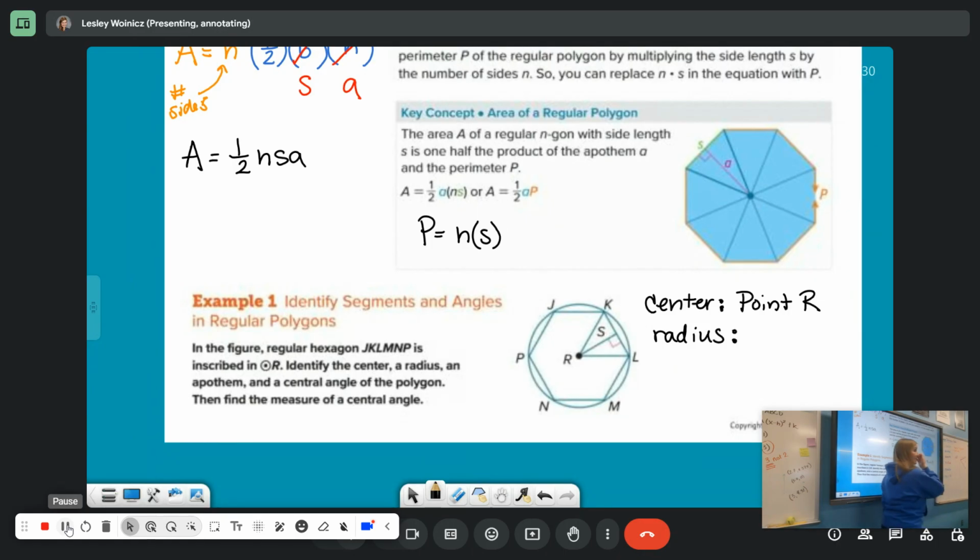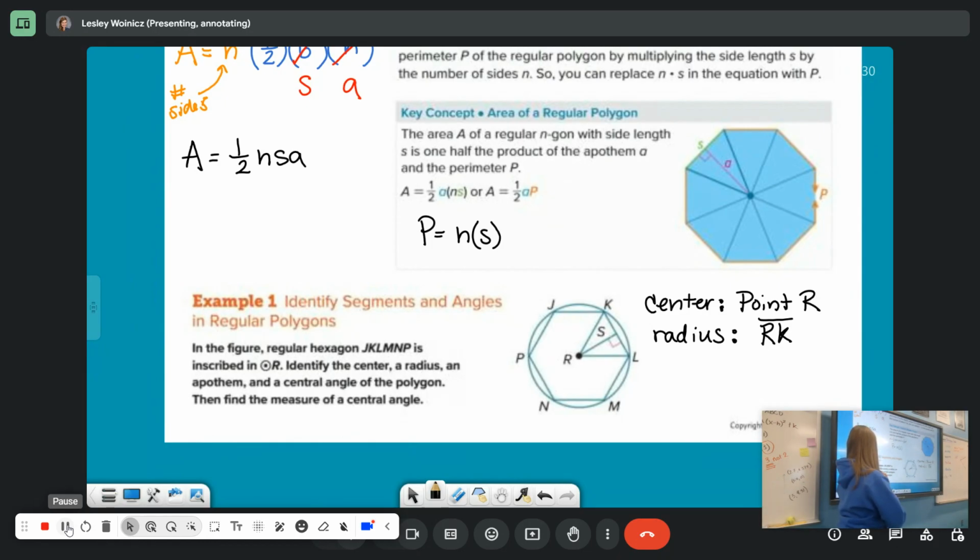So a radius is a segment. So we could call it RK or RL. My capital L's end up looking very silly. Okay.